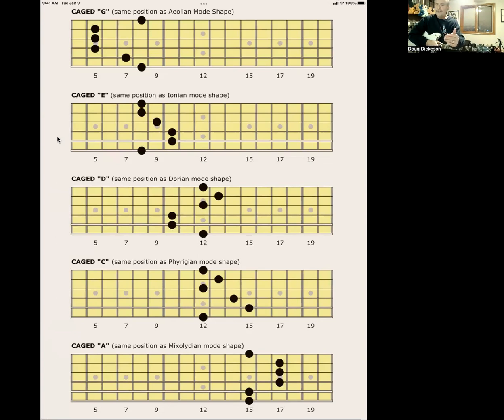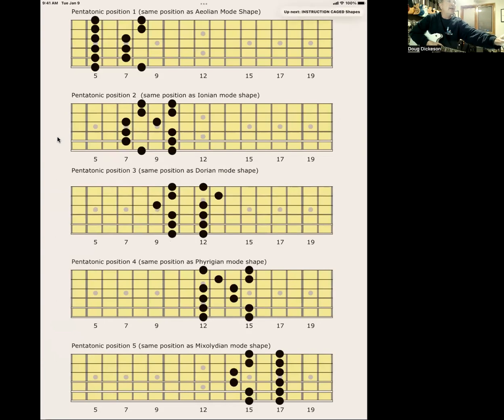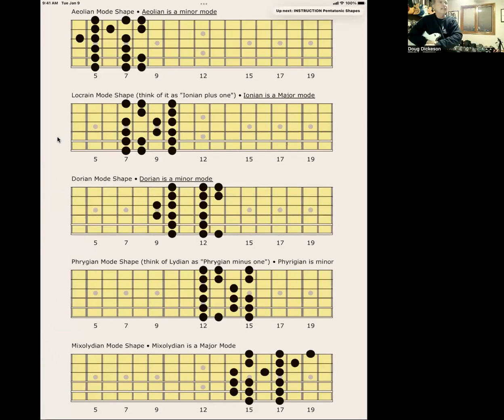Now, I haven't even touched on the fact that we've just stayed in the key of C, and we've just stayed with those shapes that are on the 5th fret.